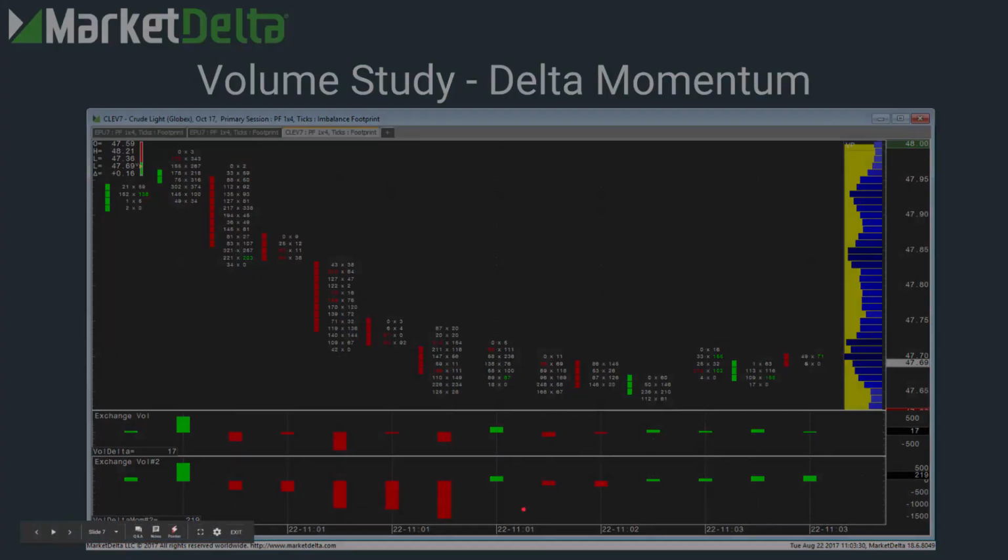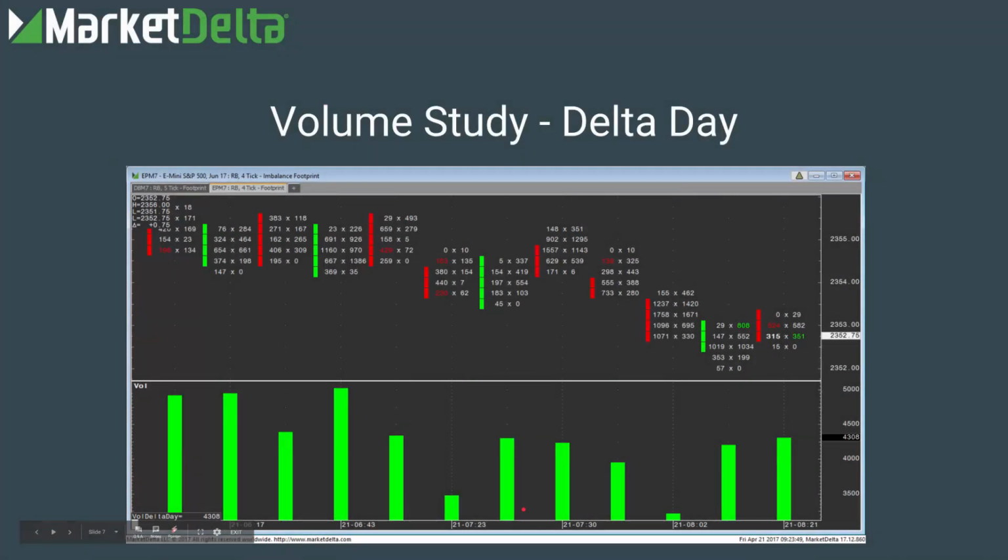All right, next, volume study. This time we have it set to delta day. So this is one of the ways to view cumulative delta. I'm going to show you another way, but if you set the volume study to delta day, this is a running total of delta, shown as a histogram.